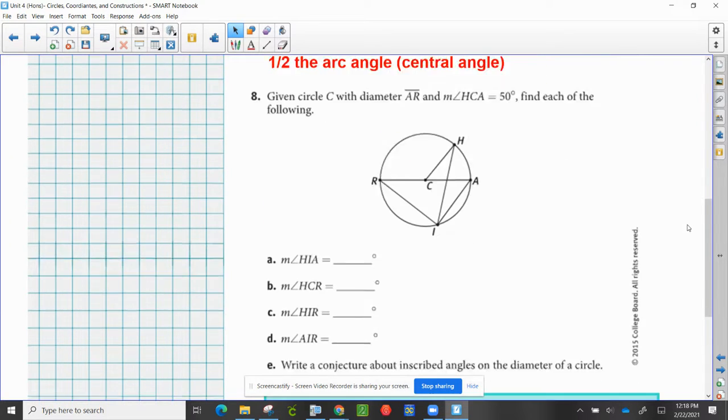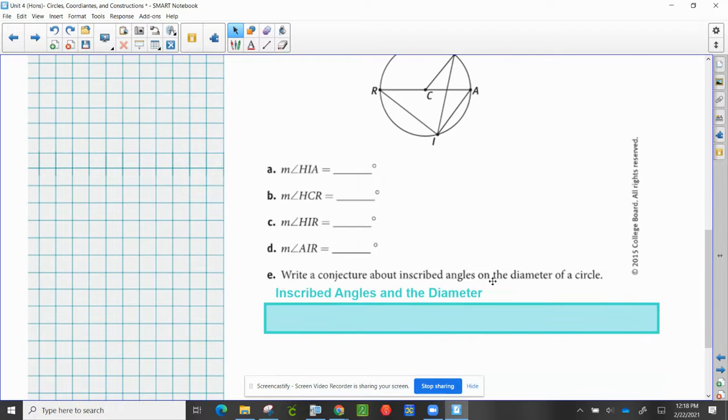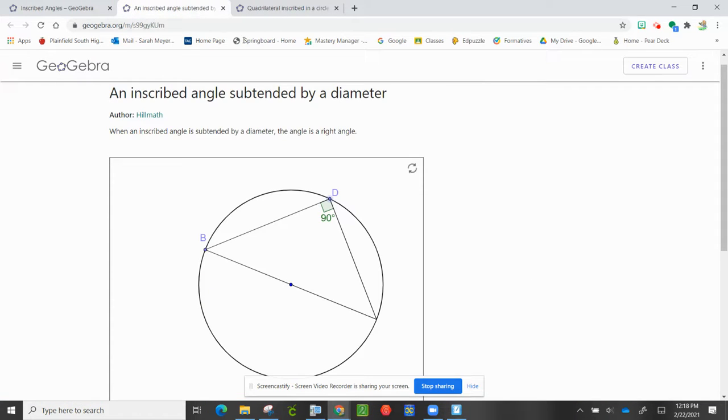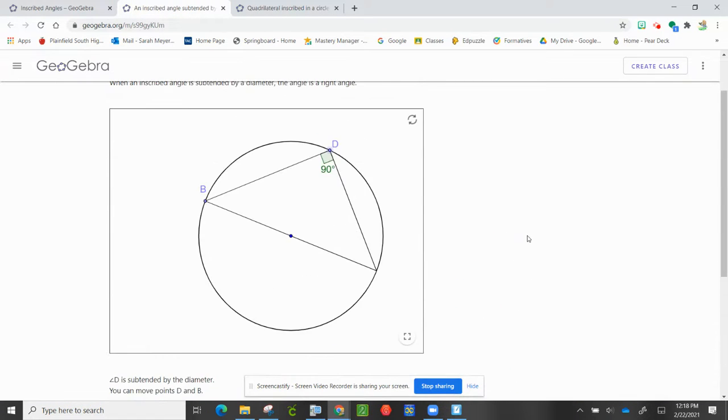The next theorem we're going to talk about before we fill in all these problems is a conjecture about the diameter of a circle. So let's look at what happens when we have inscribed angles and a diameter. Now we've already learned little things about a diameter, and that when we have a diameter, because it goes across half the circle, we get a semicircle. Now we learned a semicircle is always 180 degrees.